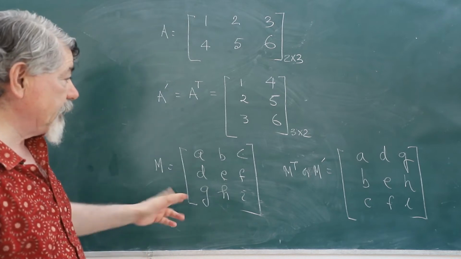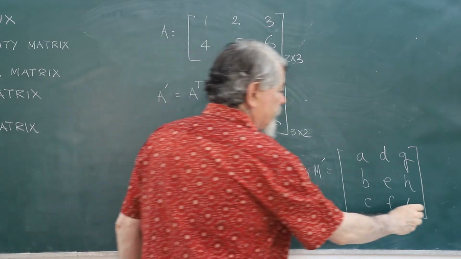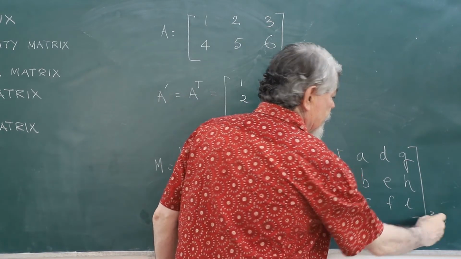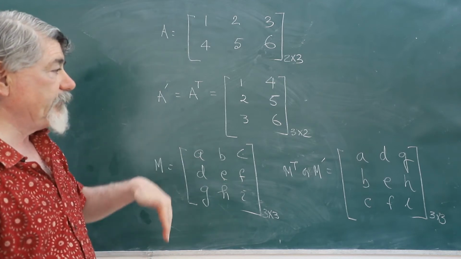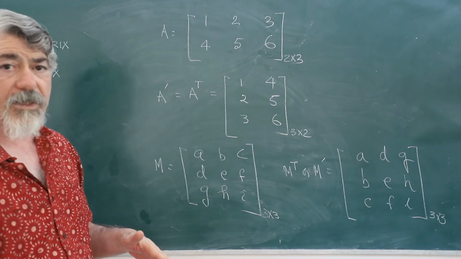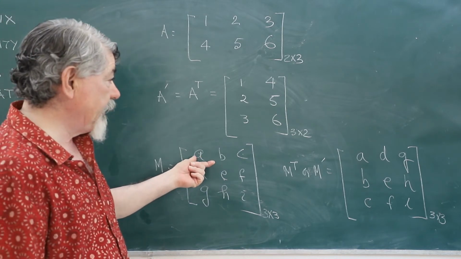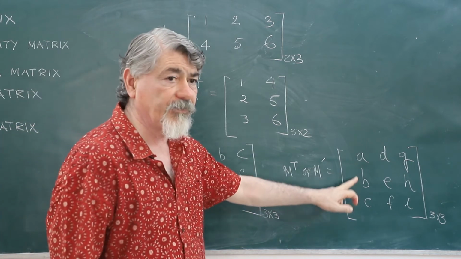In this, the only thing is that it was of the order 3 into 3. It will also remain of the order 3 into 3 because it's a square matrix, so even on interchanging rows and columns, the number of rows and number of columns remain the same. So ABC was the first row, it has become the first column.